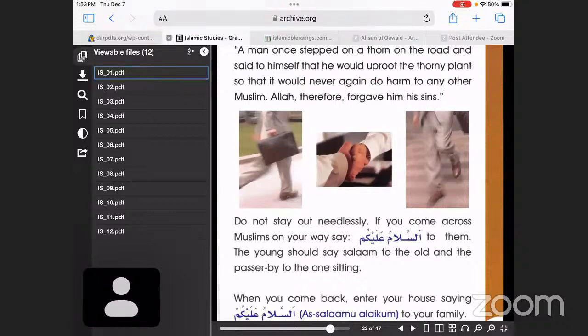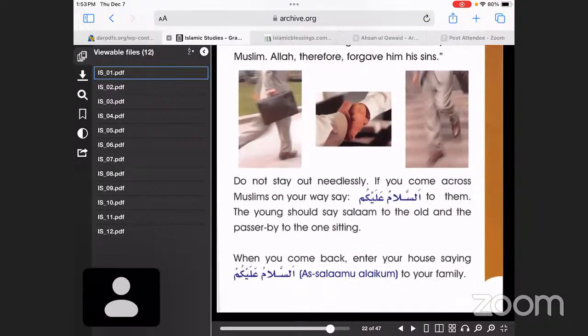Allah therefore forgave him for his sins. Do not stay out needlessly. If you come across Muslims on your way, say Salam alaikum to them. The young should say salam to the old and the passers-by to the one sitting. When you come back, enter your house saying Assalamu alaikum to your family.